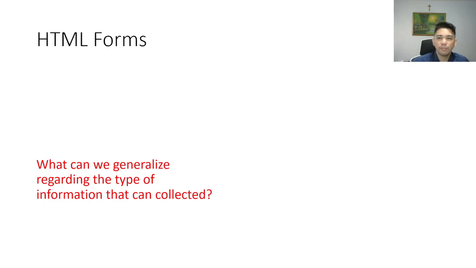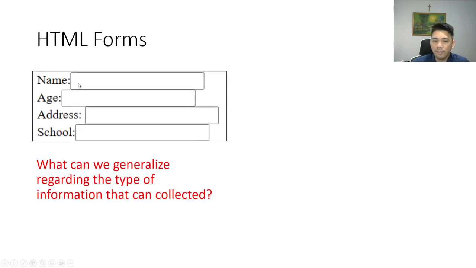So I want to ask you first, guys, if we have these different text areas, what can you generalize regarding the type of information that we can collect? So pause this video for a moment. Think deep. If there is a text box, what type of info is being collected?